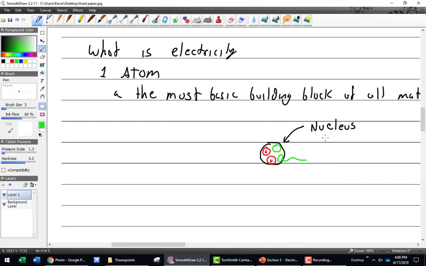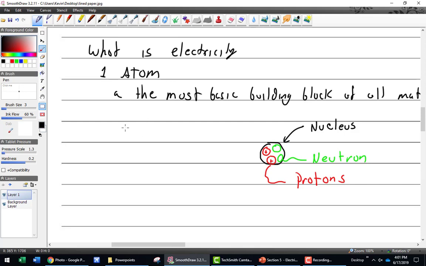This nucleus is the center. I'll get around to that. We have a neutron, and back to red, we have protons. Back to black here.